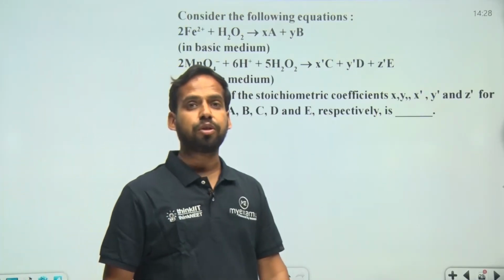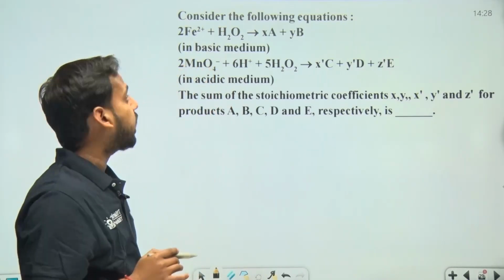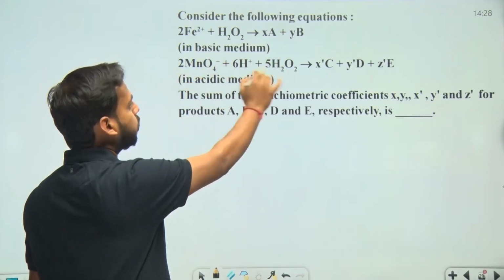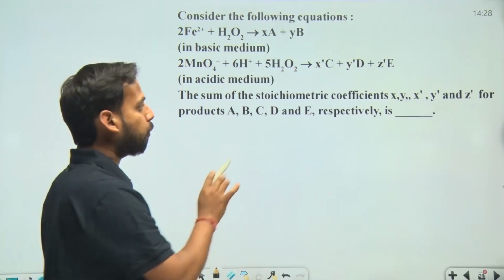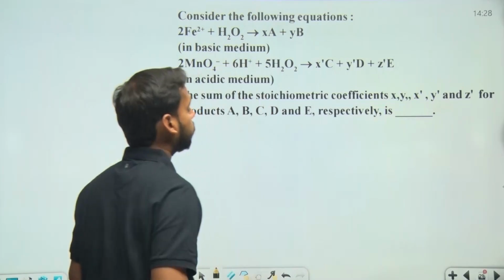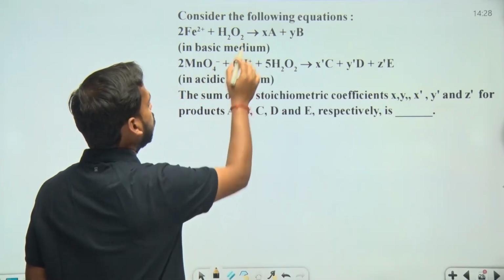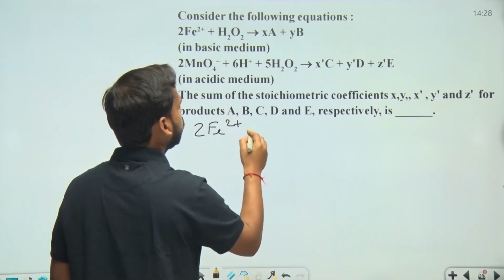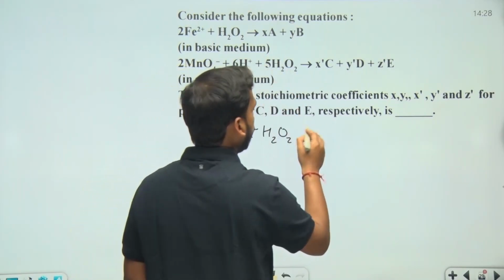Hello students, so the question here is, consider the following equation, 2Fe2 plus H2O2 giving XA plus YB in the basic medium, and similarly the equation is given in the acidic medium. We have to find the sum of the unknown coefficients. So the first reaction is 2Fe2 plus H2O2 converting into XA plus YB.